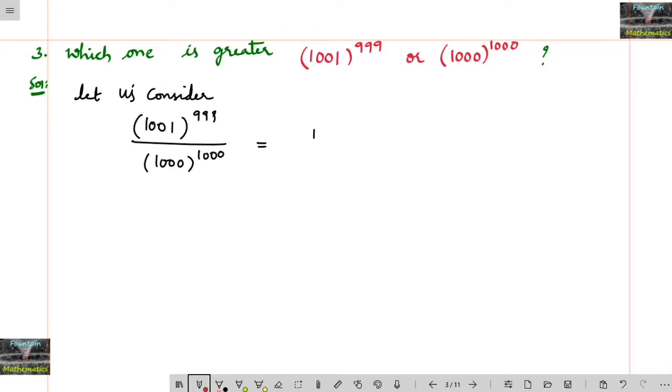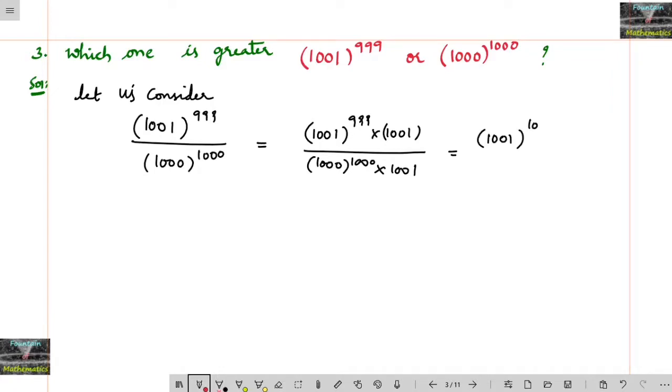This can also be written by multiplying and dividing with 1001, so I get 1001 to the power of 1000 divided by 1000 to the power of 1000, into 1 upon 1001.